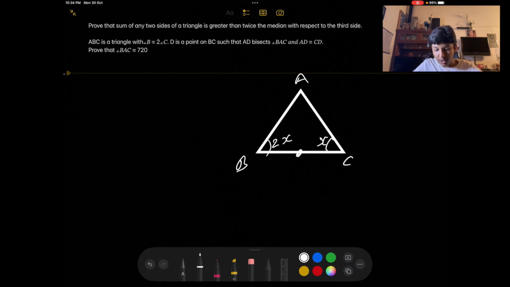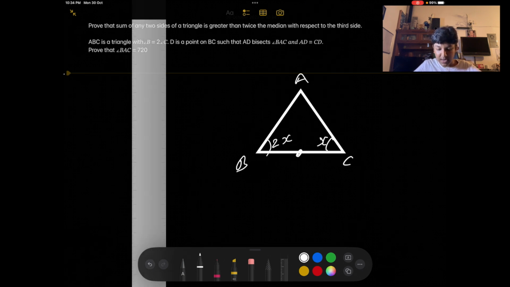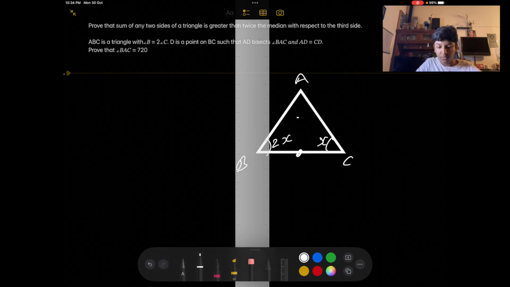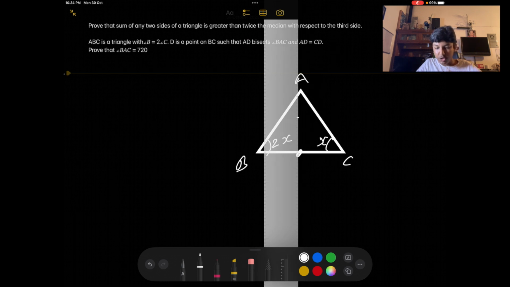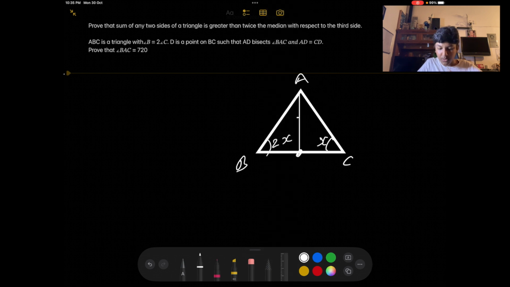So D is a point on BC such that AD bisects angle BAC, and AD is equal to CD.